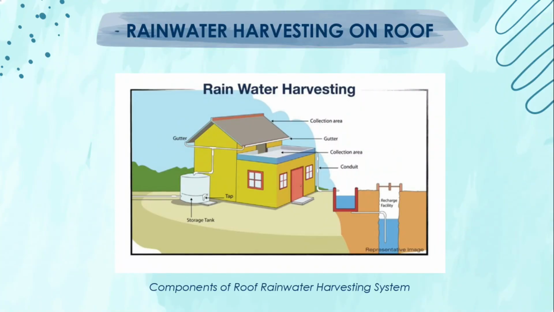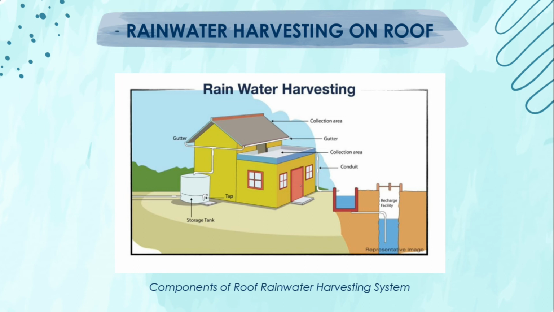The first process of rainwater harvesting is the rainwater harvesting conducted on the roof. In this process, the rainwater is collected on the rooftop, and this collected rainwater is allowed to pass through pipes into a storage tank at the ground level. Dito sa picture, makikita natin na unang magdadrop yung rainwater dito sa collection area, then nagtatravel ito through gutters.